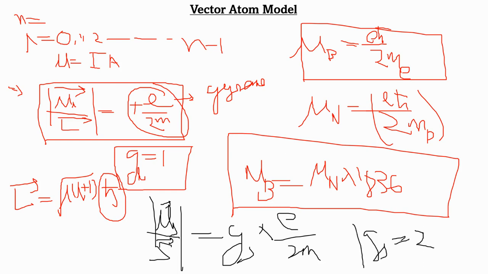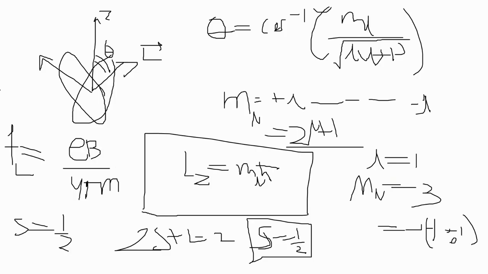The spin of the electron can have two different orientations, spin up or spin down, so there are two possible combinations, and due to it, the g factor for spin is 2.